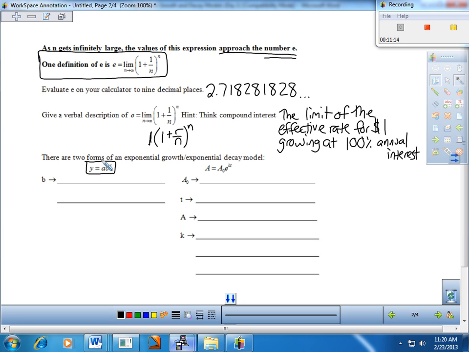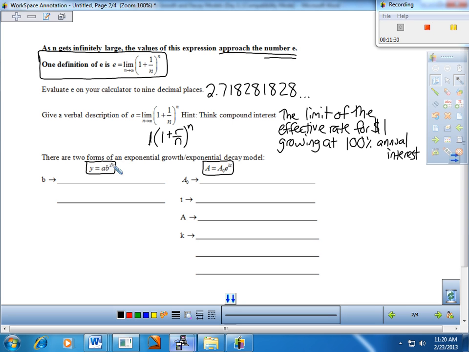As it so happens, any exponential model can also be written in a uniform base using this irrational number e. These two things mean the exact same thing, just two different forms of expressing a mathematical phenomenon that grows or decays exponentially.